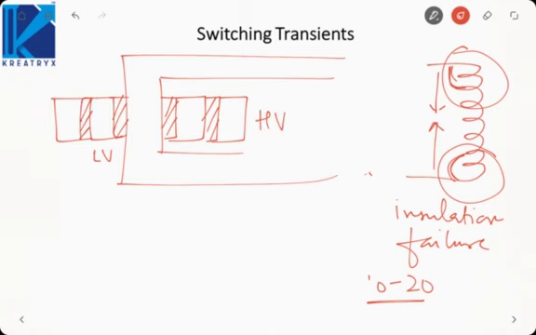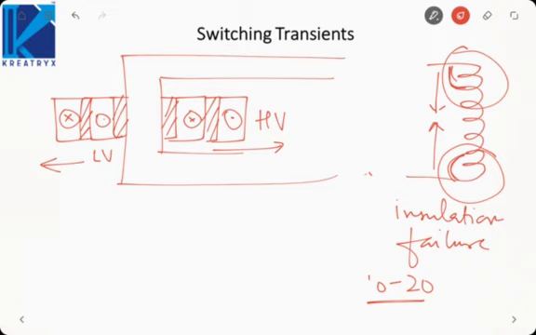I told you the current carried by these windings will be in opposite direction since they are wound on the same limb. And the forces that we studied were the repulsive forces. Between these two windings, the forces that are existing are the repulsive forces.